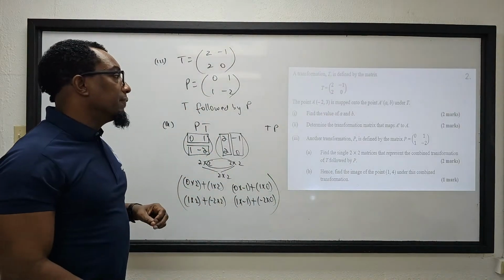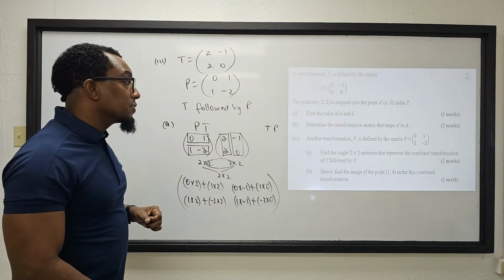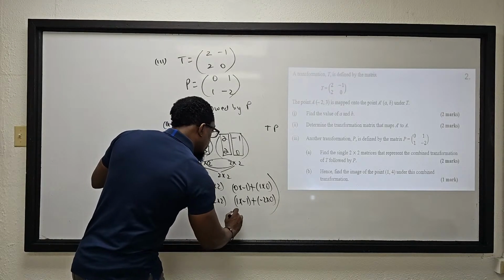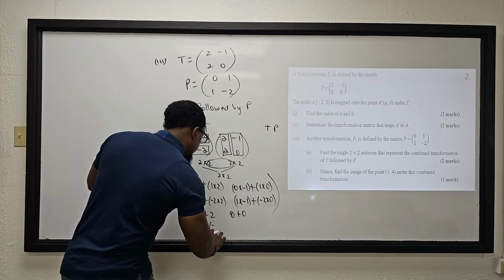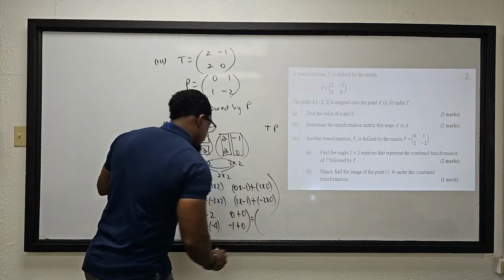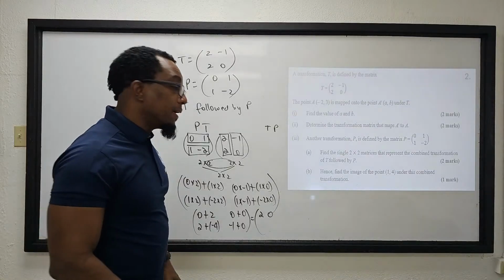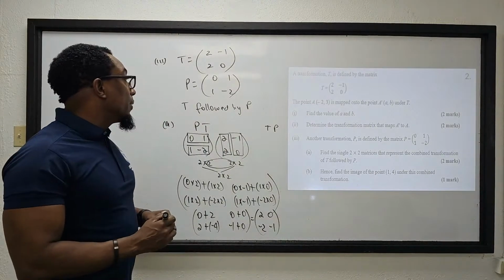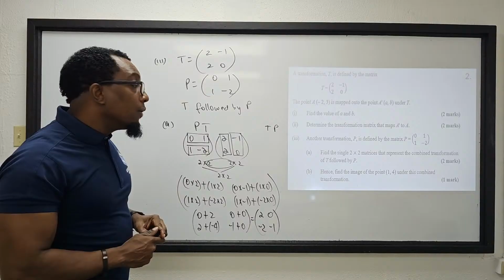So for our single 2 by 2 matrix representing the combined transformation T followed by P, this becomes 0 plus 2, 0 plus 0, 2 plus negative 4, and negative 1 plus 0. So you get 2, 0, negative 2, because a plus by a minus is a minus, 2 minus 4 is negative 2, and negative 1. That is our combined transformation, representing T followed by P.